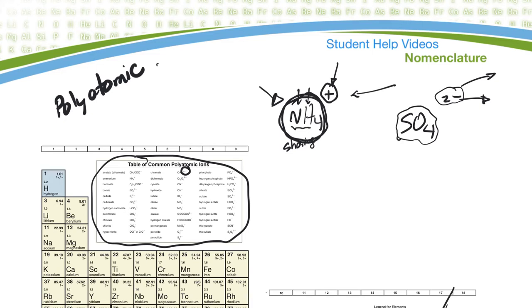Most of them are negative. That means that they're looking for somebody that's positive. So all of these metals on the left side of the chart, anything with a positive charge, will bond with a negative polyatomic ion.